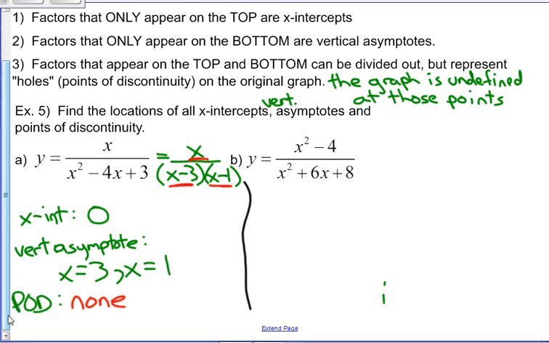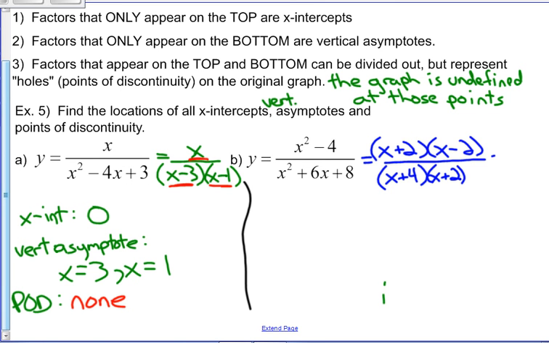Taking a look at the next one, for us to analyze it, we really need to factor it. So the top is x plus 2 by x minus 2. The bottom would be x plus 4 by x plus 2. Okay, so let's hunt for some x-intercepts. They are factors of only the top.